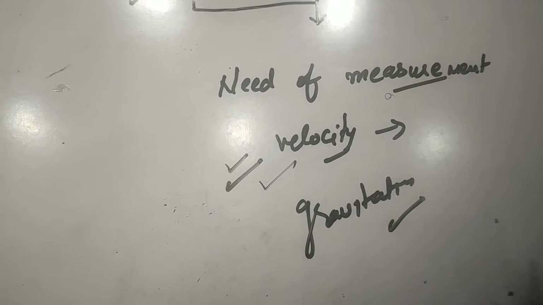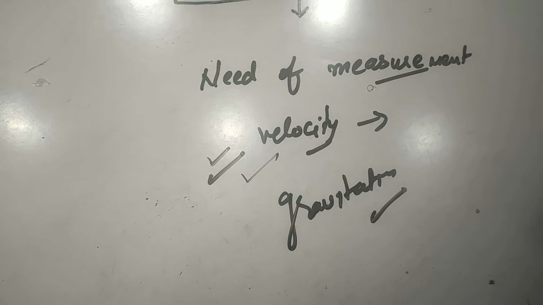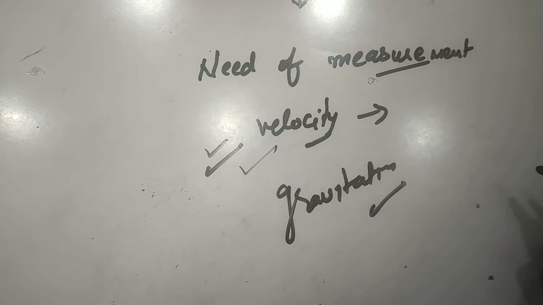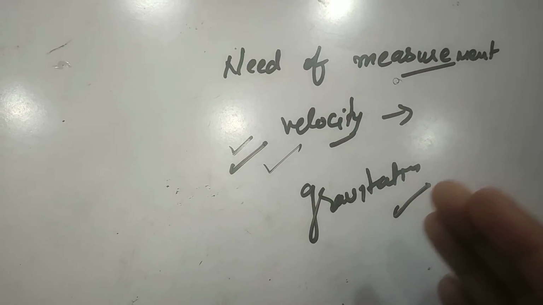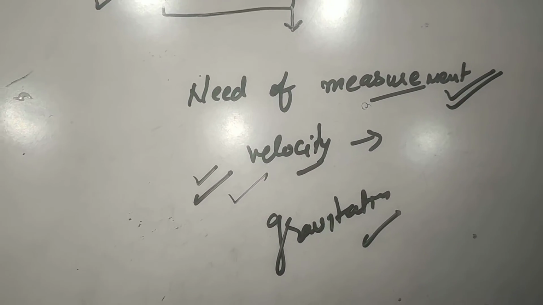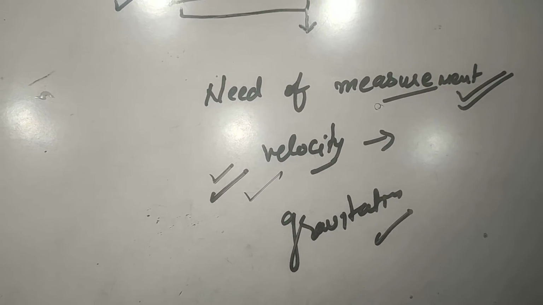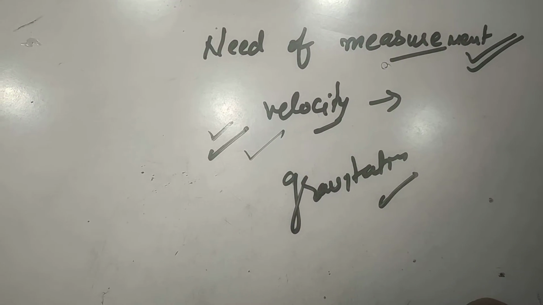So it means in every concept, if we want to convey our thinking process, we need to measure it. That is why measurement is a basic need to complete our thinking process in an actual version.